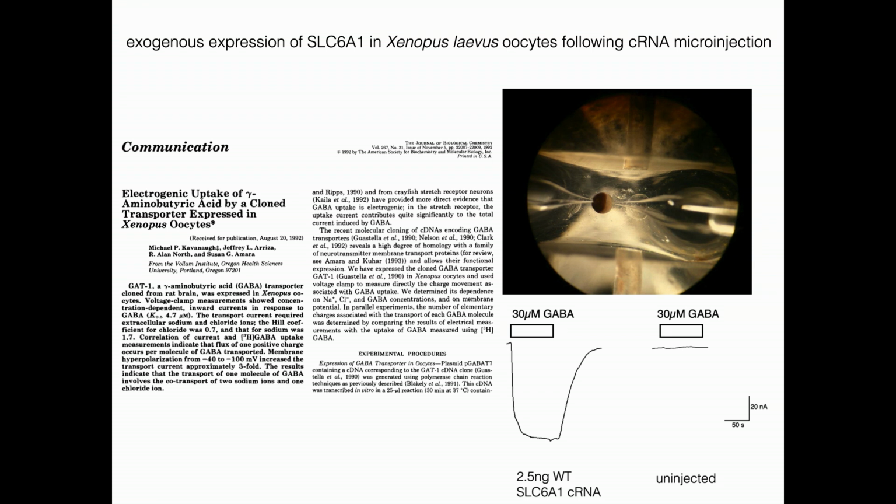If you record currents across the oocyte membrane when you apply GABA, you get that downward deflection, that trace, and you don't see that in oocytes that aren't injected with the RNA. What that downward current reflects, as we heard about earlier, is movement of 2 sodium ions and a chloride ion along with GABA. And so that allows us to record a current, and in real time we can measure the transporter's activity.